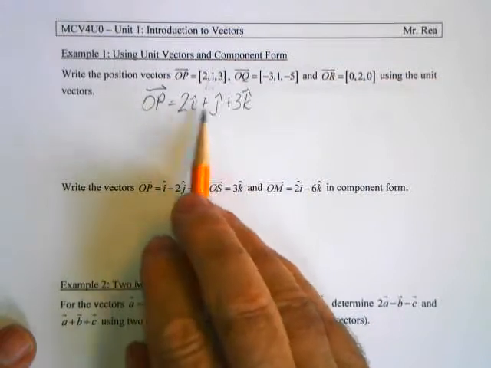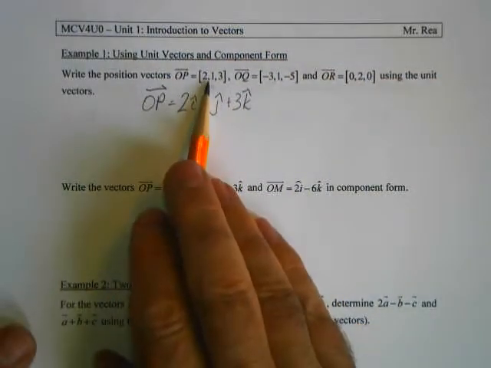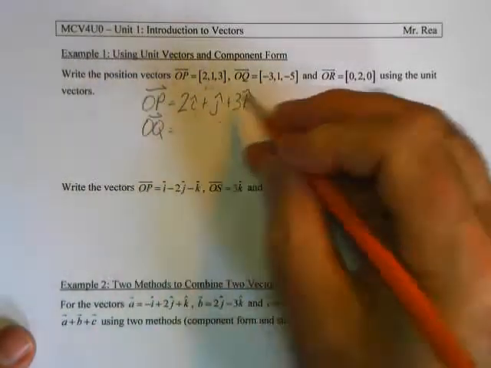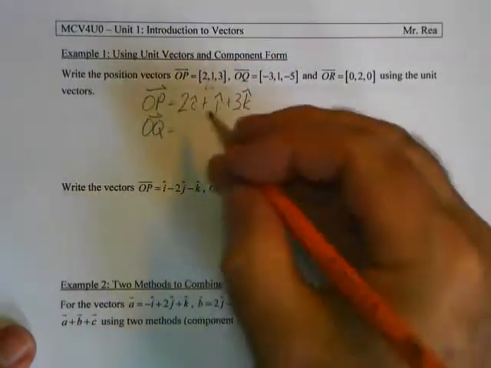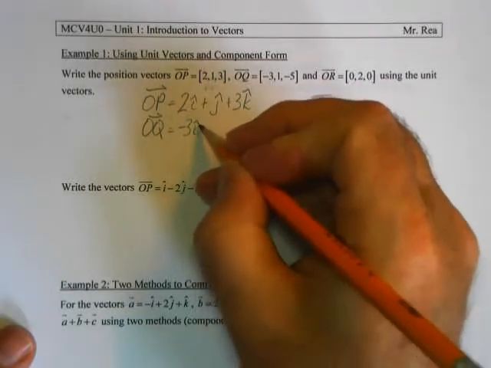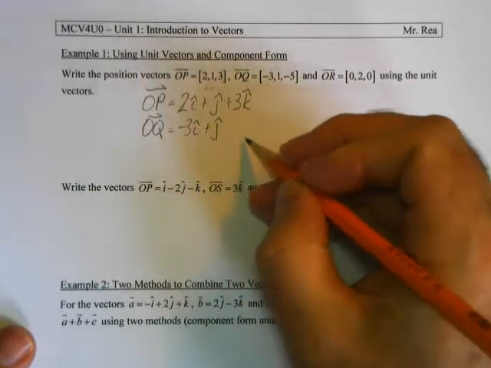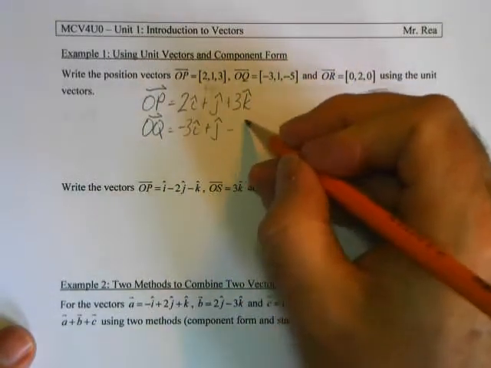So those numbers 2, 1, 3 come from the component form. And then OQ, I'm looking at negative 3i hat plus 1j, or just j hat, minus 5k hat.